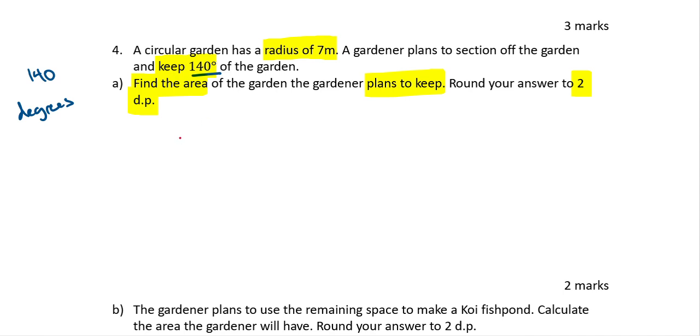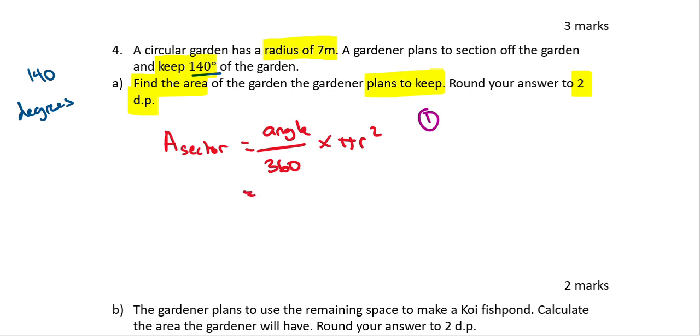Now, if I wanted to, I could just draw a diagram, but it doesn't really matter in this case. You don't need to draw a diagram. It's a 2 mark question and it doesn't mention to draw the diagram anyway. So you could just start off by writing the formula for the area of a sector: angle over 360 times pi r squared. That's 1 mark right there. Now you can just substitute your values in.